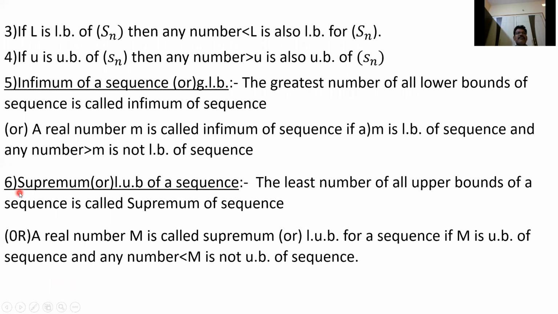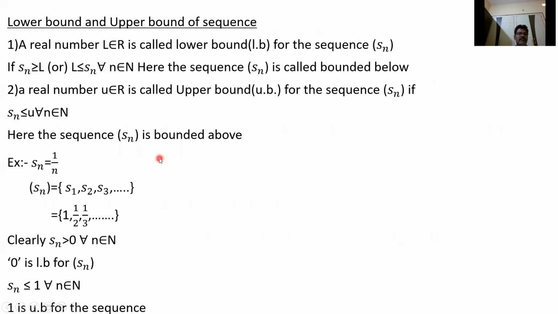Another point to note: if L is a lower bound of the sequence Sn, then any number less than L is also a lower bound for the sequence Sn. Here we observe that 0 is a lower bound for Sn.